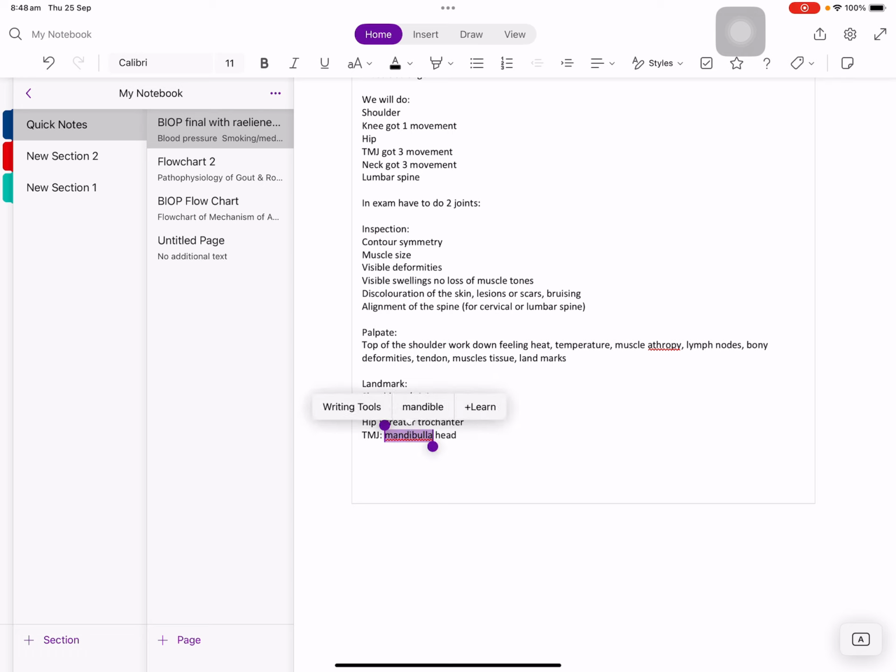Neck, spinous processes, cervical spine. Lumbar spine, spinous processes.